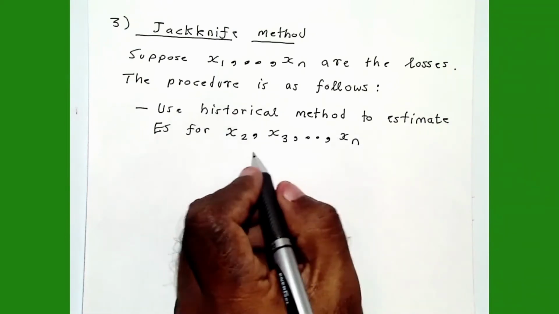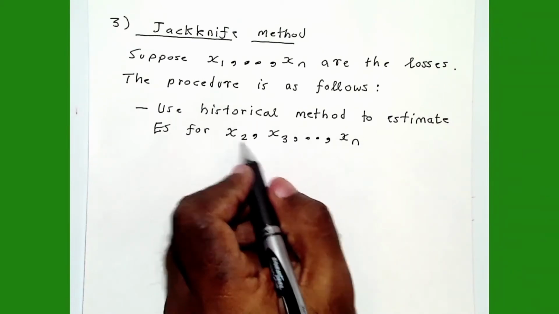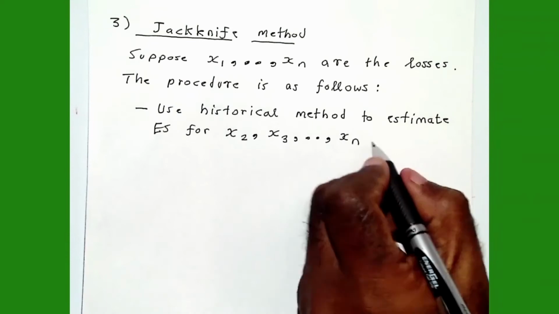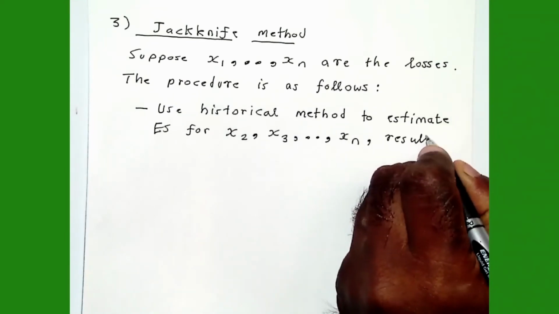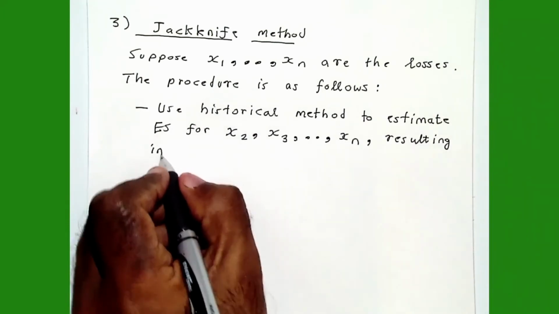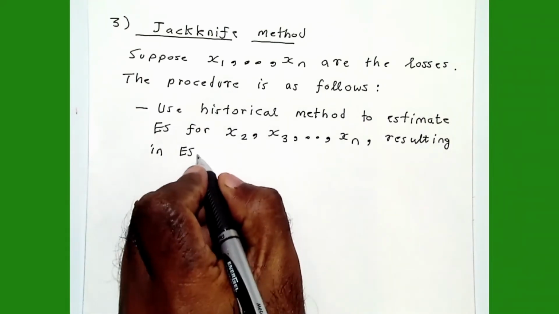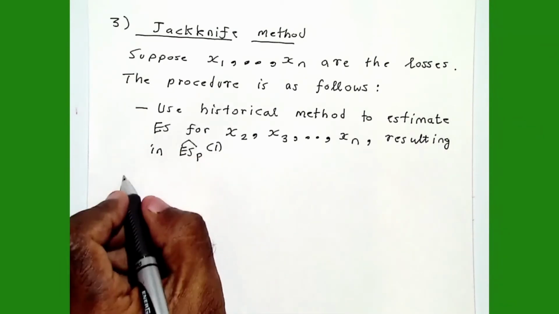for the data where you drop the first observation. So the data goes from x2, x3 up to xn, resulting in the estimator, say, let me denote it by this. Okay.